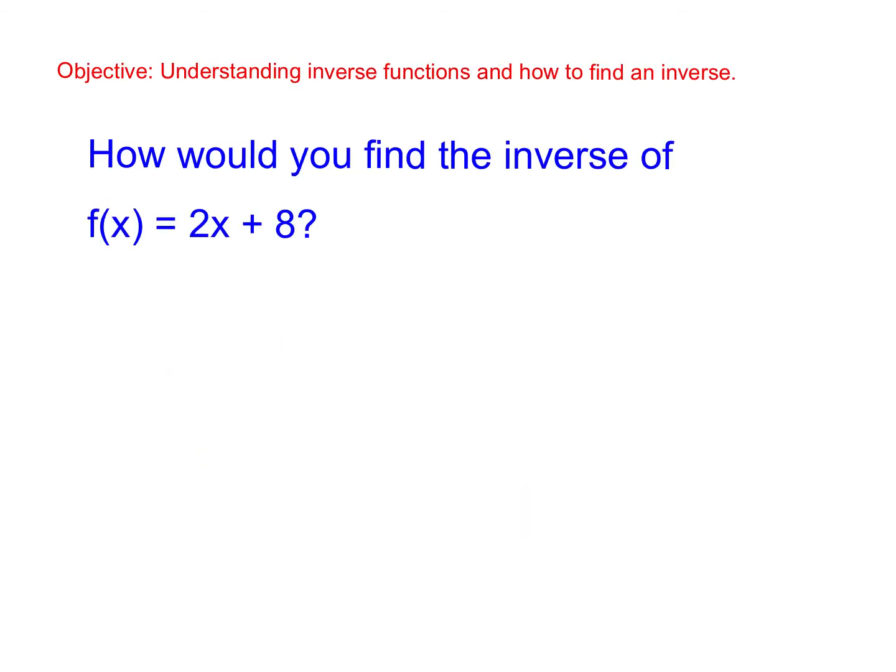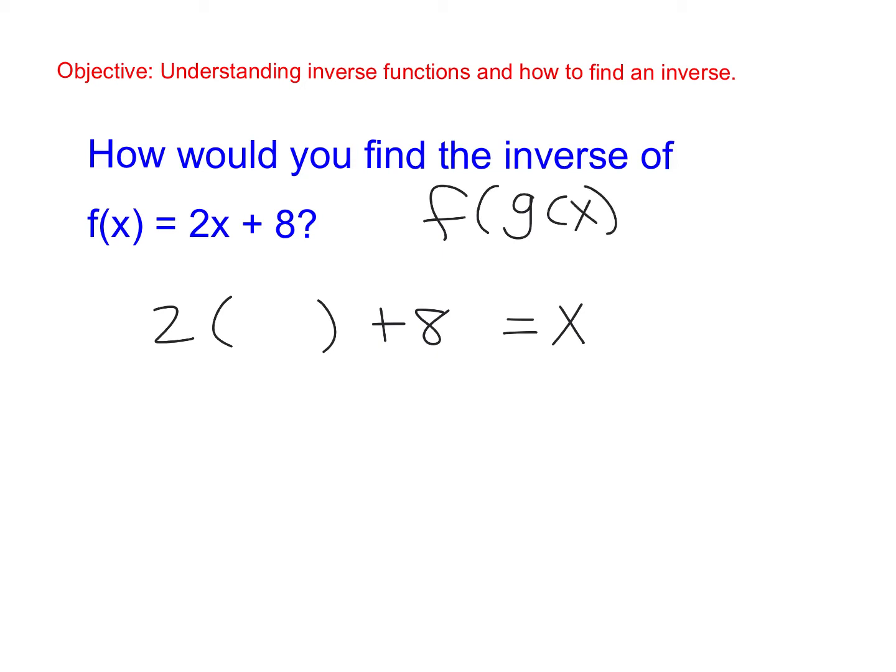Okay, so how would we find the inverse of f of x? When I plug in, what can I plug into 2 times something plus 8 so that I equal x? What do you think? What do I plug in there so it equals x? Because an inverse is when f of g of x equals x.